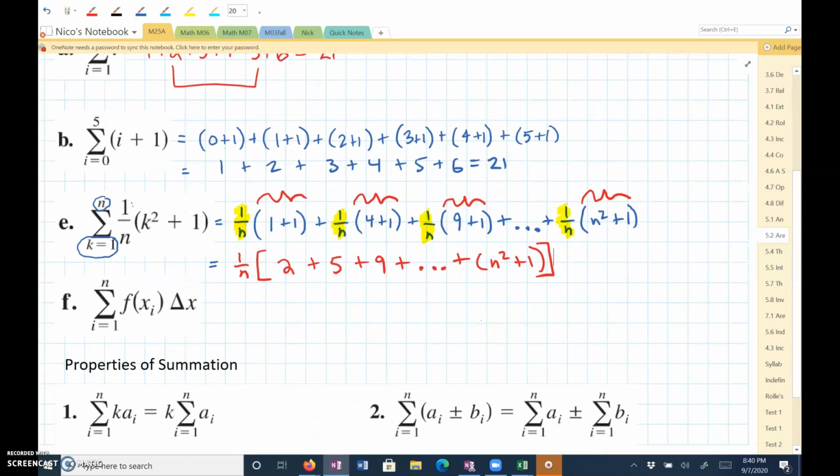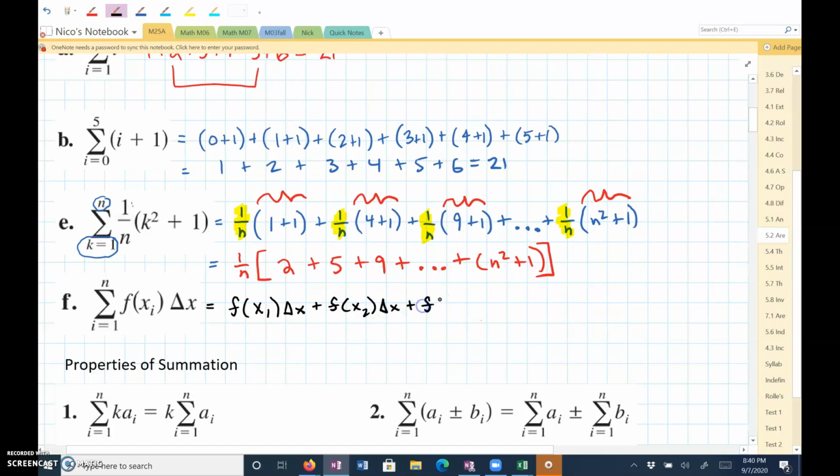All right, let's look at f. For f, we've got the sum from 1 to n of f of x sub i delta x. So first of all, when i is 1, we're going to have f of x sub 1 delta x. When i is 2, we're going to have f of x sub 2 delta x.